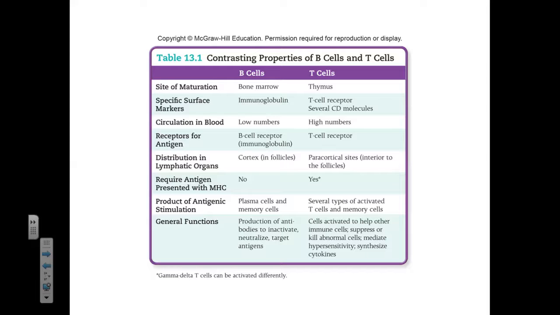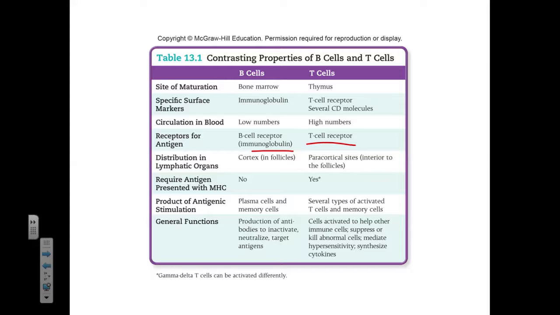We have low concentrations of T cells in the blood versus B cells in the blood versus high concentrations of T cells. Our B cell receptor for antigens are going to be immunoglobulins versus our T cell receptor, which is distinctly not an immunoglobulin.